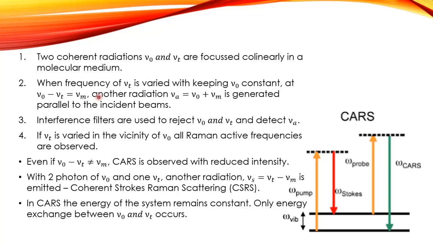When the frequency nu-t is varied while keeping nu0 constant, such that at some point nu0 minus nu-t is equal to nu-m, then another radiation nu-a, equal to nu0 plus nu-m, is generated in parallel to the incident radiation. And this anti-Stokes radiation can be filtered from our incident radiations nu0 and nu-t using interference filters.